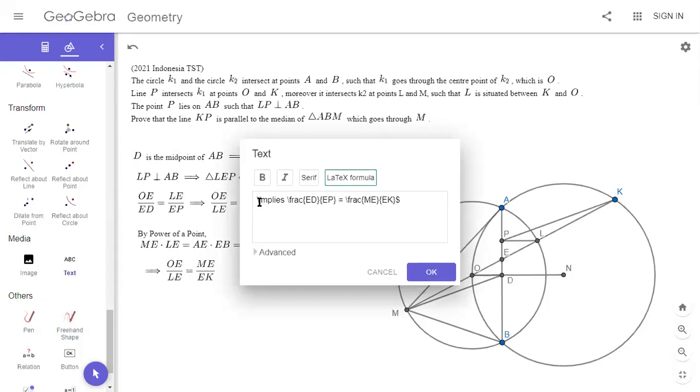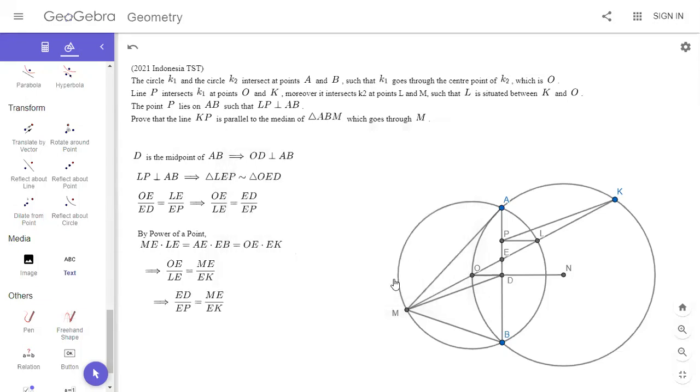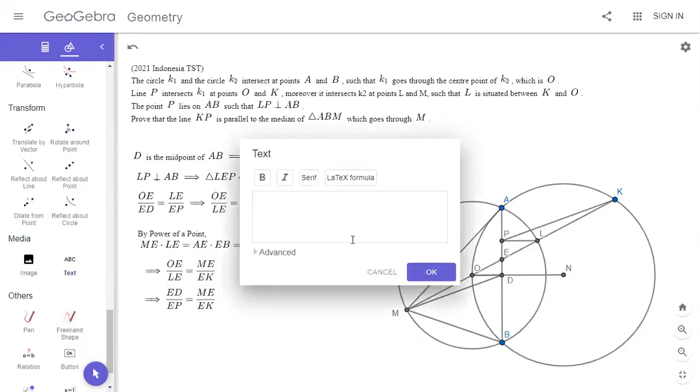So ED over EP is ME over EK, and angle MED is equal to angle PEK, so those triangles have to be similar. That's side angle side similarity.